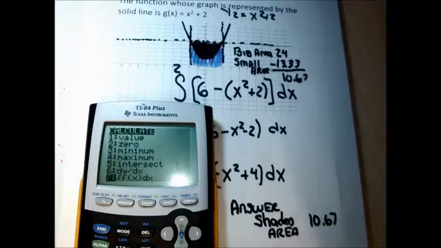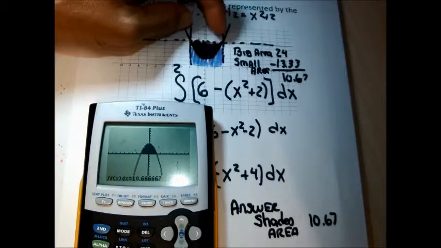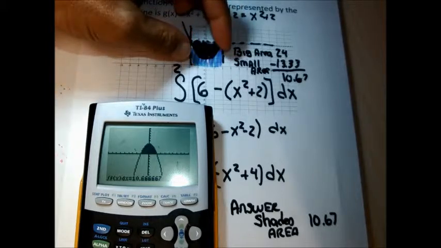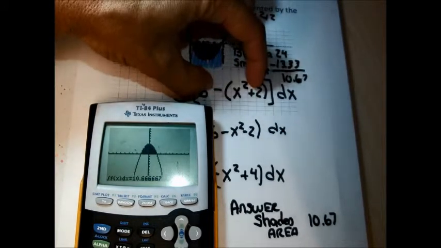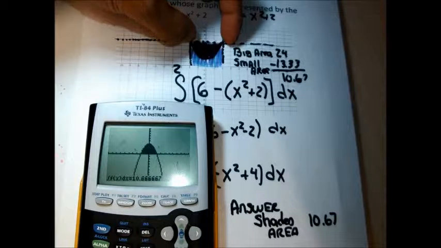And that's all I'm worried about, is what the area is, and I don't necessarily care exactly what picture my calculator is showing me when I go to do the first 10 problems. So from problems 1 through 10, what we're going to do is figure out the equation of the top function, the bottom function, subtract them, and integrate over the values of x that are prescribed by the drawing.